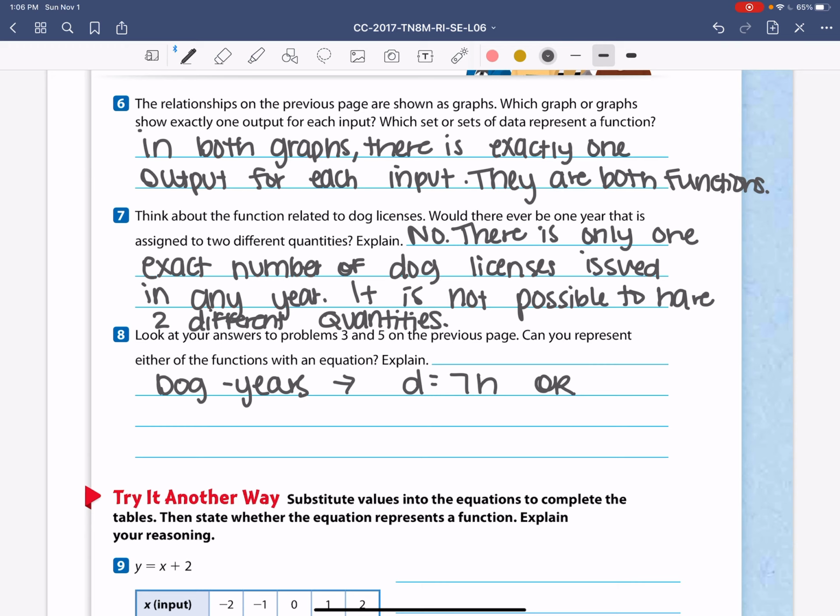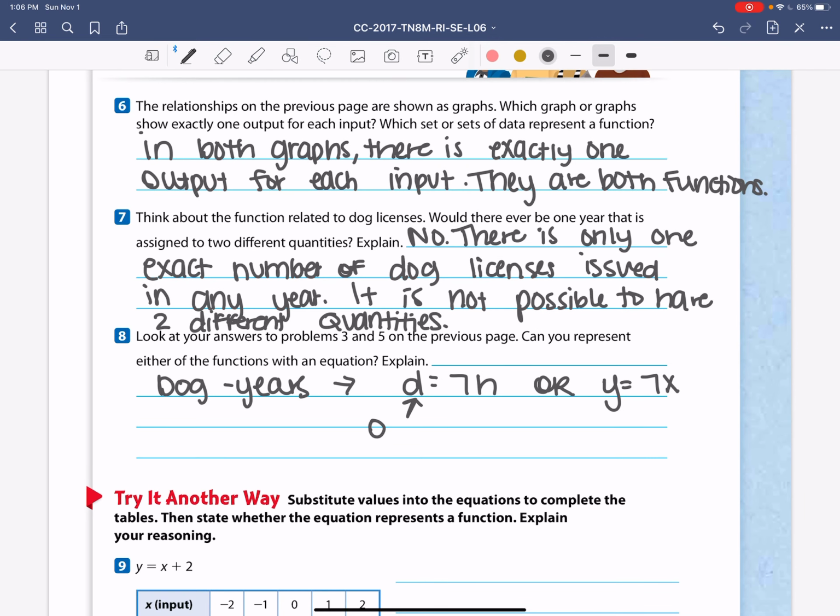But what I wrote on the other page was y equals 7x. D here is our output and h was our input. And of course, these are just variables, so you can swap them out should you choose to do so.